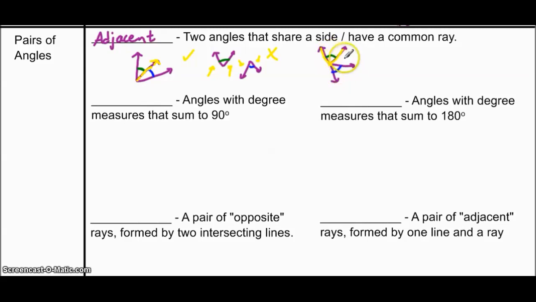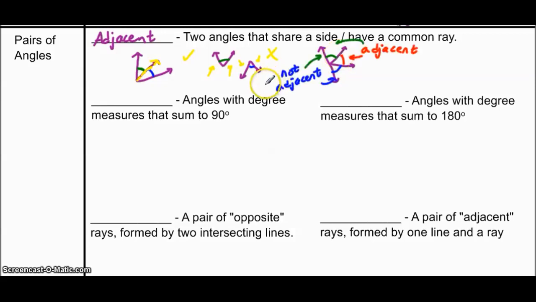They don't share a side. So these are not adjacent. However, if we were to put an angle here, we could say that the green angle and the red angle are adjacent because they do share this ray right here, but the green angle and the blue angle are not adjacent.